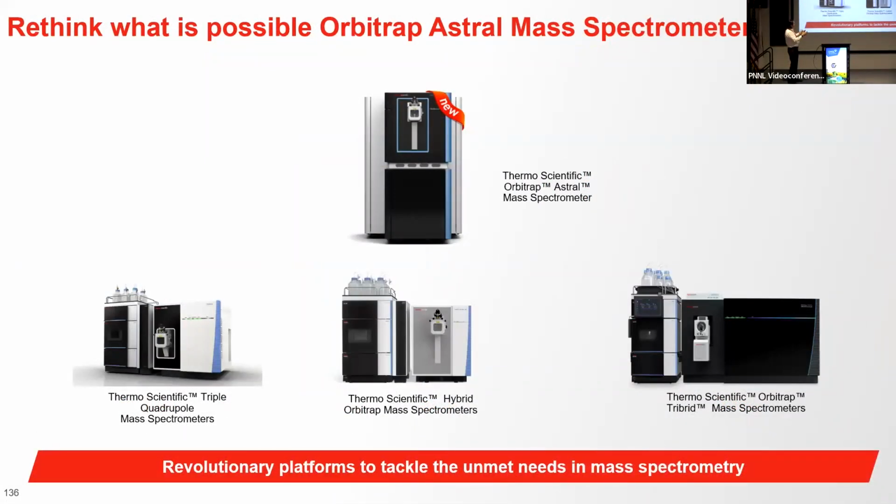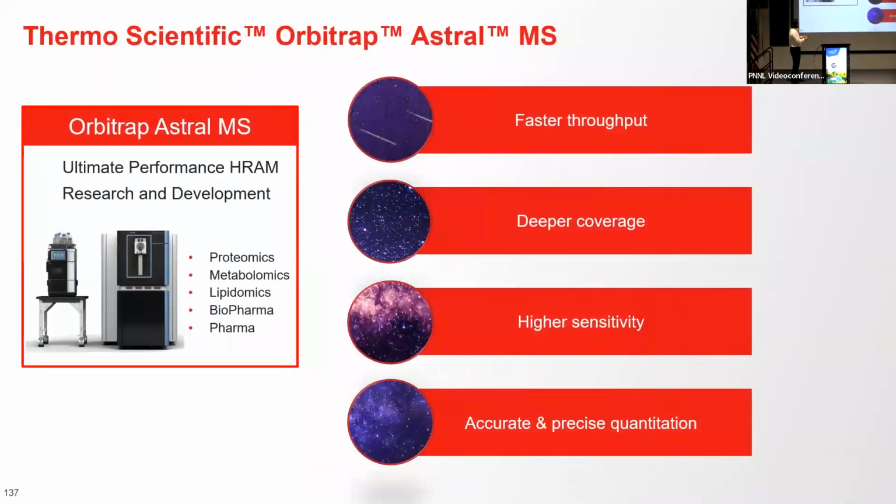We have the new Thermo Scientific Orbitrap Astral mass spectrometer, which is designed for non-targeted analysis, very fast, very sensitive, very good for DIA and single cell. That was just released this year at ASMS. The Astral allows for faster throughput, deeper coverage, and higher sensitivity with accurate and precise quantitation.